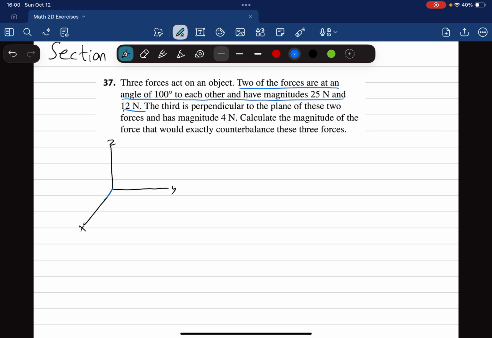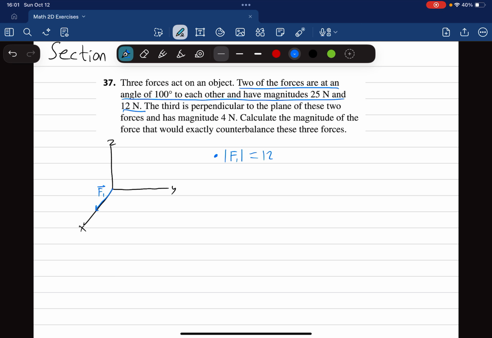So let's draw a vector here. Let's call this force 1. And because the magnitude of the force is 12 newtons, this length is 12. I'll omit the units for now.